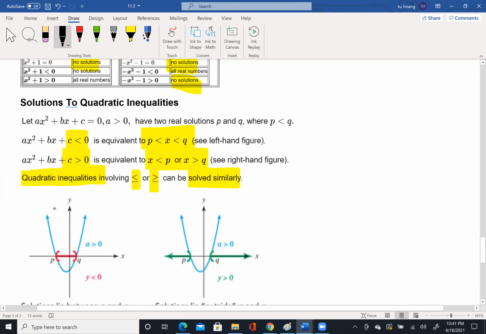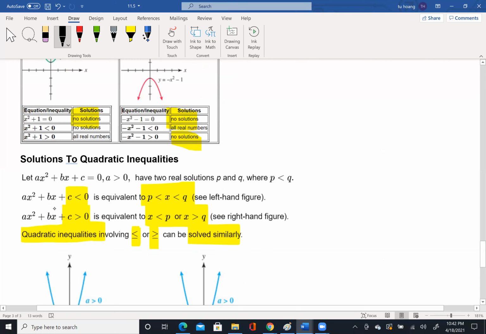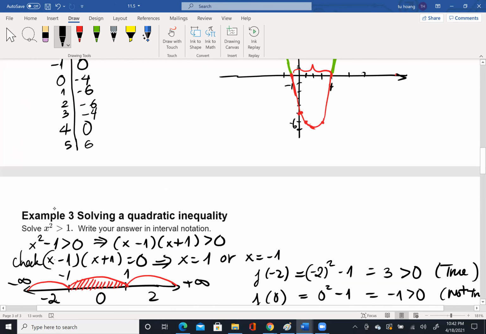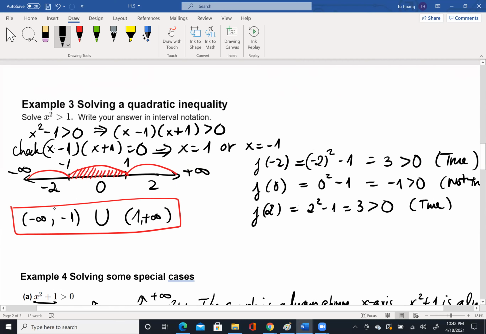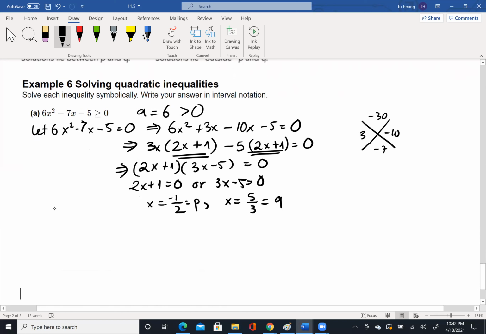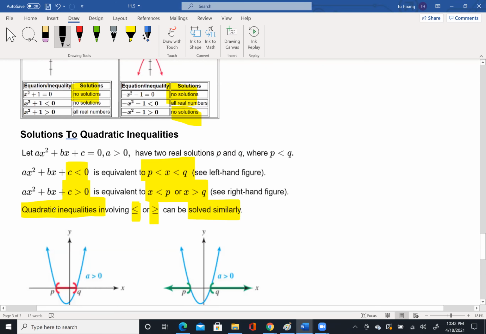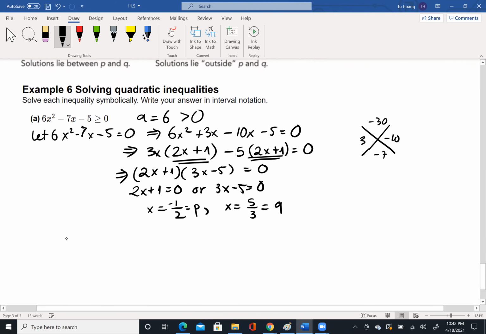Okay, so now according to the property here, I can just make a conclusion right away instead of having a number line like above, as I showed you, right? You can quickly get to the solution. It's greater than or equal to, so that's going to be outside, right?